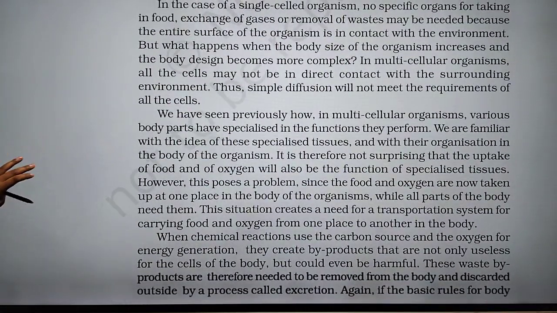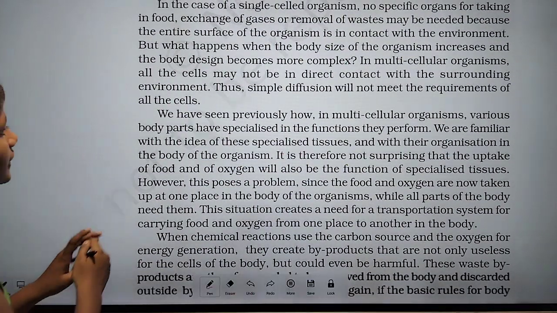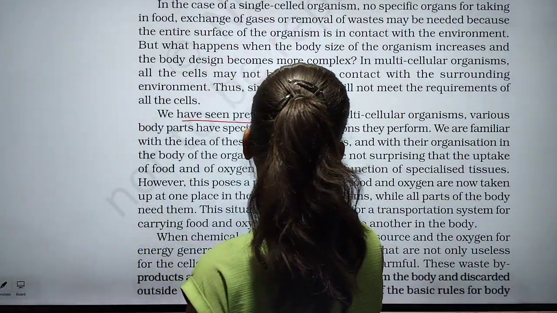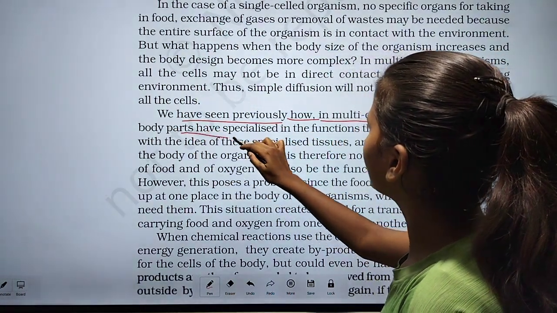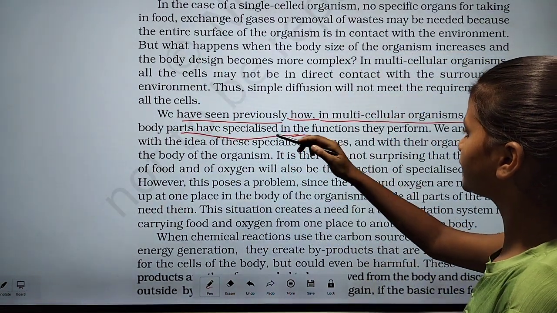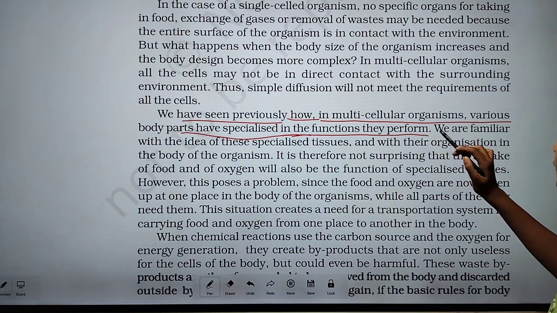We have seen previously how in multicellular organisms various body parts are specialized in the functions they perform.